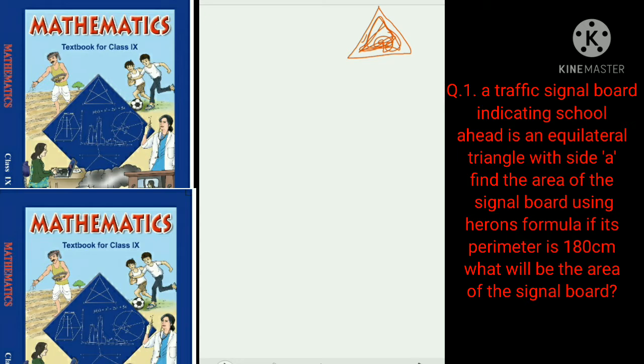You can look here, solution. First of all, let the side of the equilateral triangle be x. You can just assume that the side of the triangle is x. Now first of all we will find the semi perimeter.